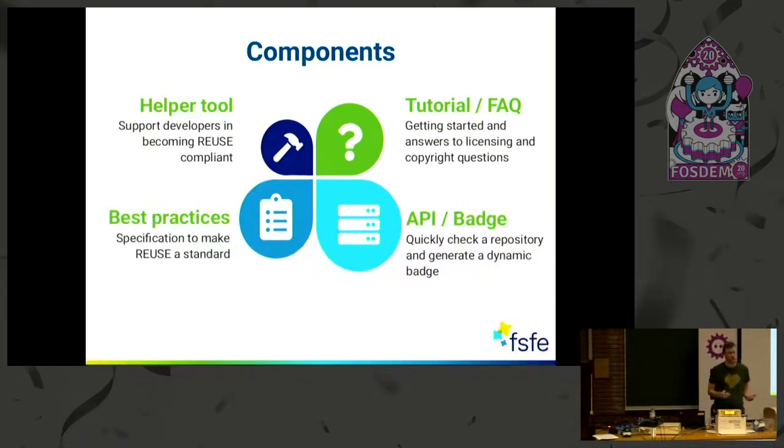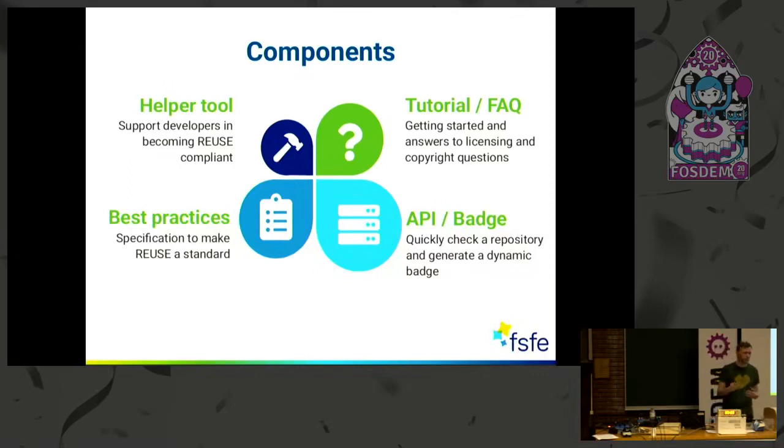And last but not least, we have something like reuse as a service. So we call this the reuse API. By this, you can quickly register your project, your free software project. So it's any Git repository, no matter whether it's on GitHub, GitLab, or some other independent Git platform. You can register your project. You can see whether it's already reuse compliant.